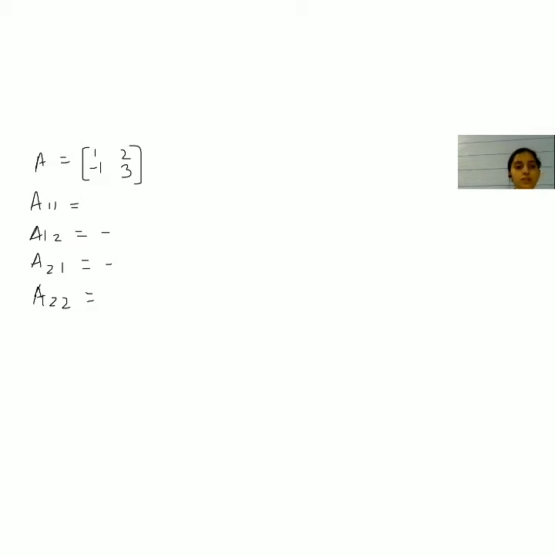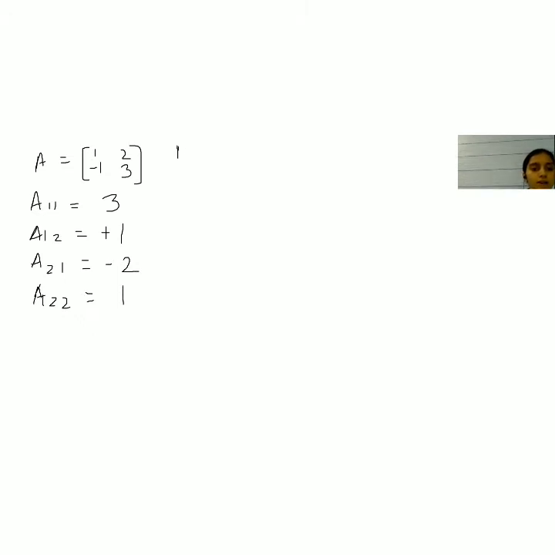Let us begin with the first element A11: its minor is 3 and the sign remains the same. A12: its minor will be -1, so minus of -1 is +1. A21: its minor is 2 and so its cofactor is -2. A22: its minor is 1 and the sign does not change.